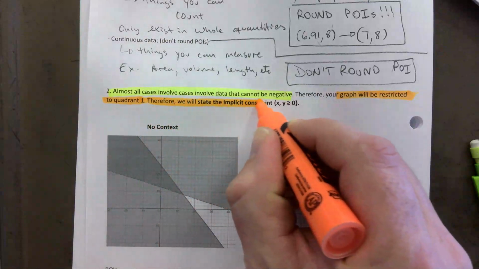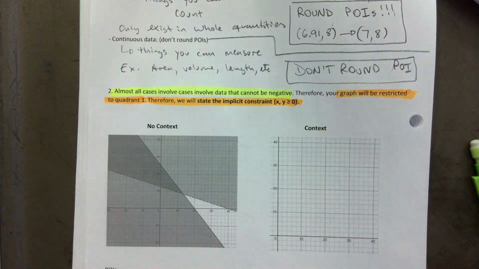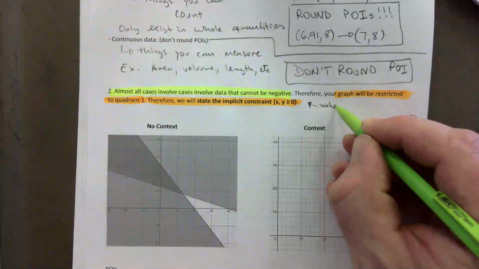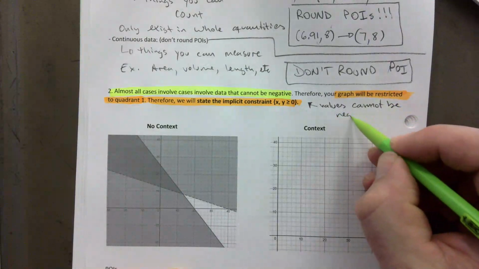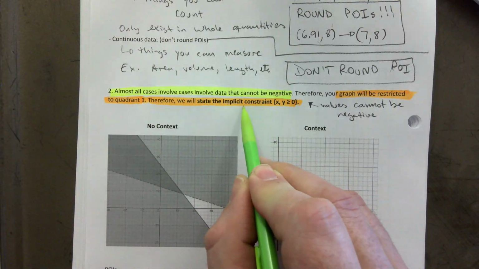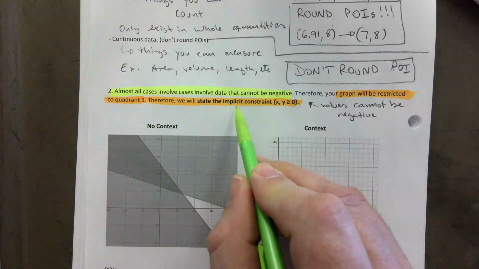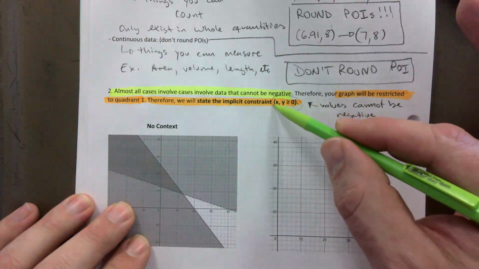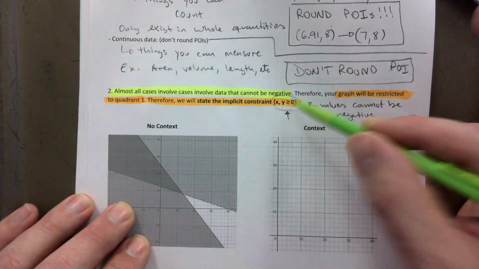Therefore, we state the implicit constraint saying that X and Y have to be greater than or equal to 0. Values cannot be negative. If I ever ask you for the implicit constraint, like the implicit restriction, implicit means it's not out in the open, it's kind of like implied, like we're just assuming that. Then you need to make sure you state this little statement right there: x comma y is greater than or equal to 0.